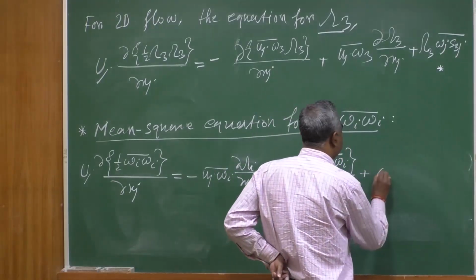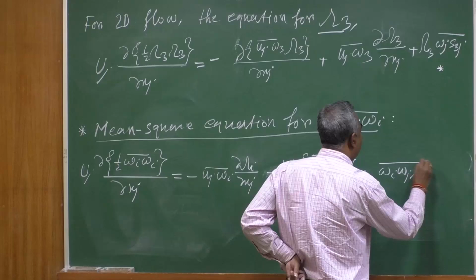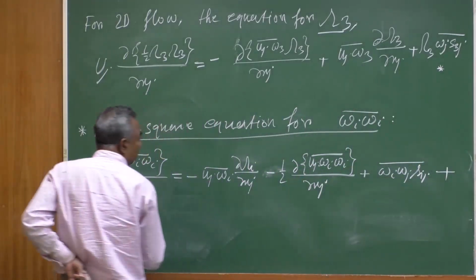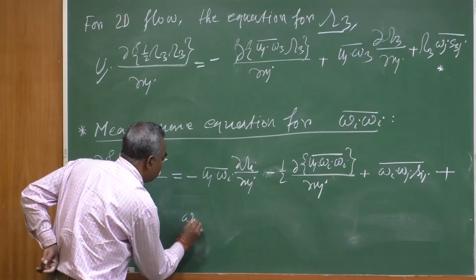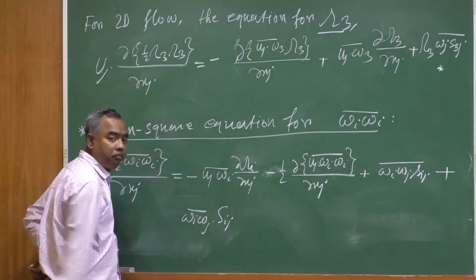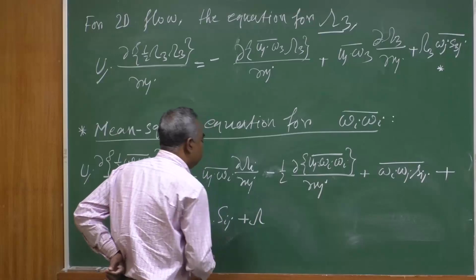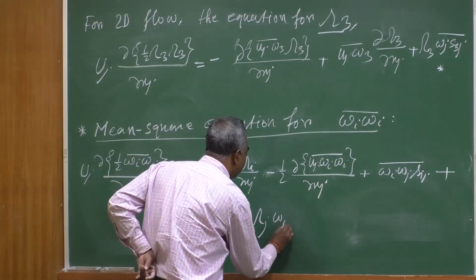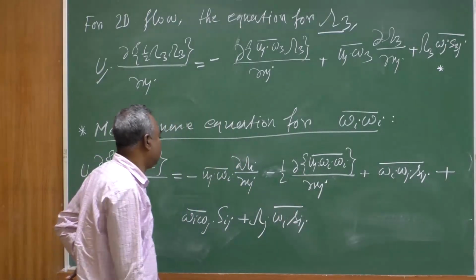Then you are going to get omega_i omega_j small s_ij bar, plus omega_i omega_j bar capital S_ij, plus that mixed vorticity term omega_j omega_i small S_ij. That is what we are going to get.